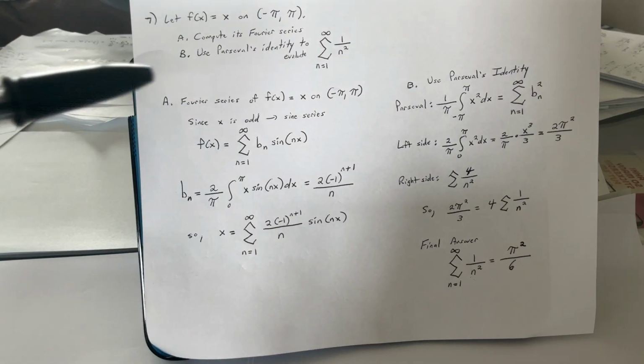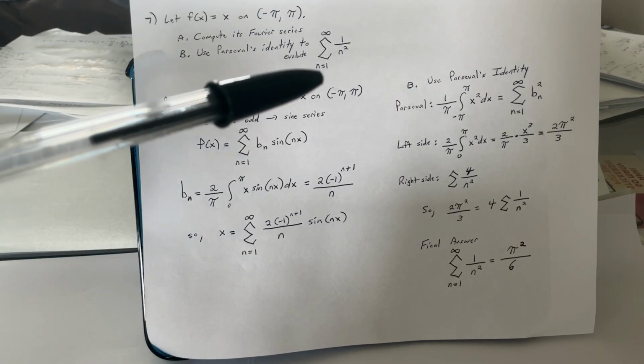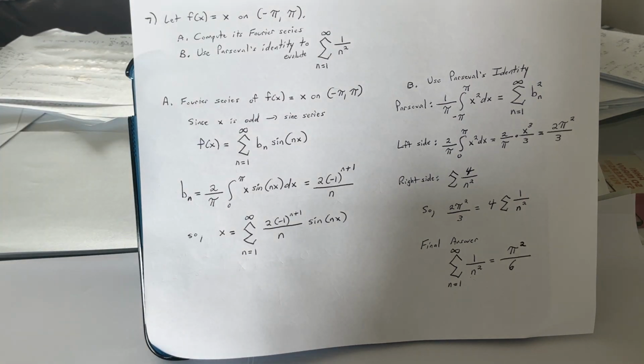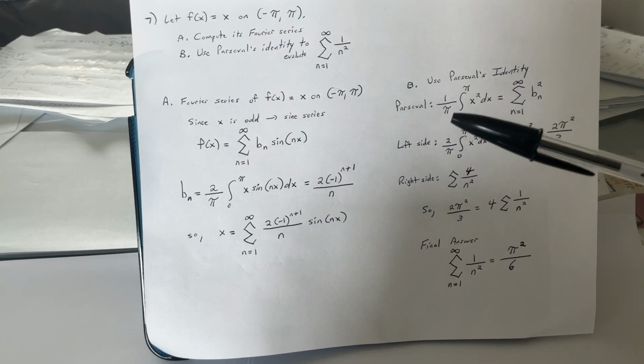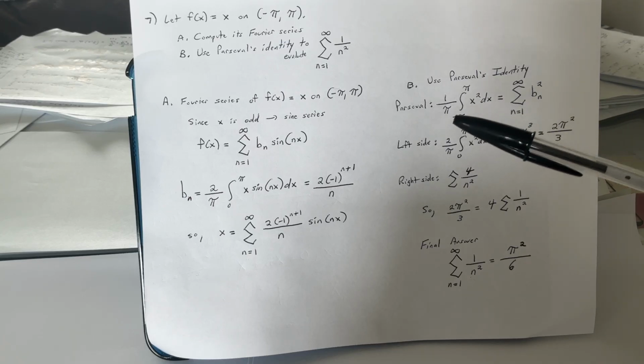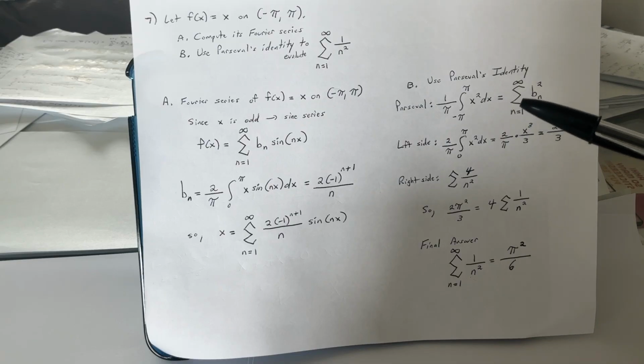And now for part B, they want us to use Parseval's identity to evaluate the sum from n equals 1 to infinity of 1 over n squared. So what we do here, you need some knowledge of course of Parseval's identity. Parseval, in this situation, 1 over pi, integral from negative pi to pi, of x squared dx equals the summation from n equals 1 to infinity of b sub n squared.